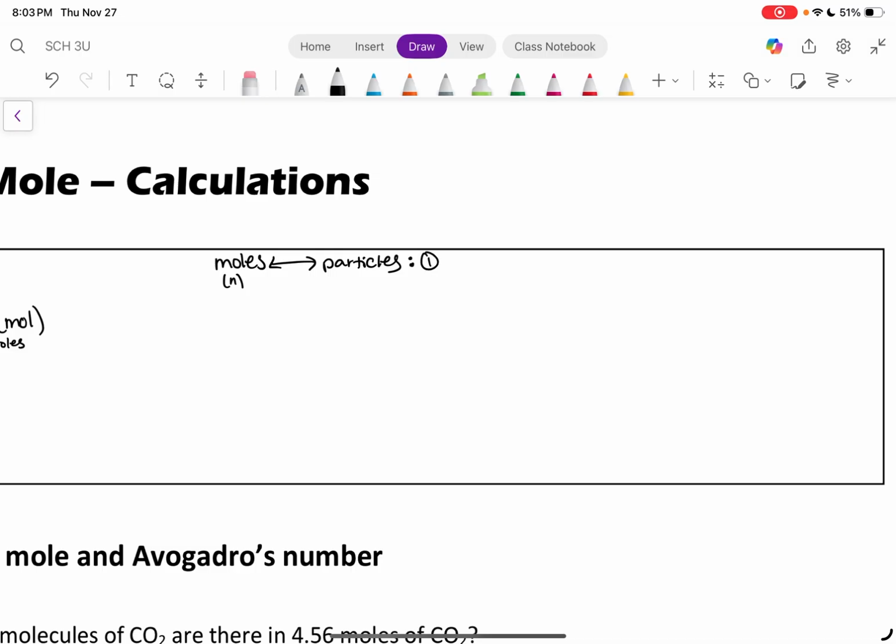First of all, you will hear them be called formula units. Particles are called formula units for ionic substances. Ionic substances, remember, is when you have a metal and a non-metal.